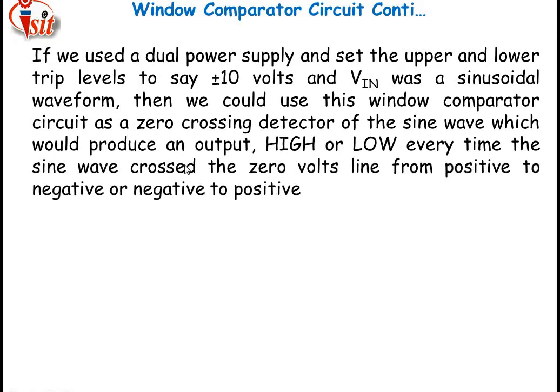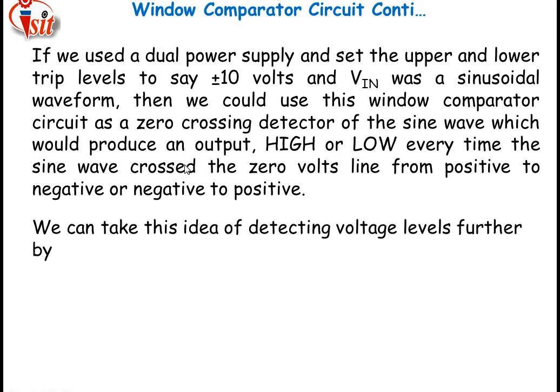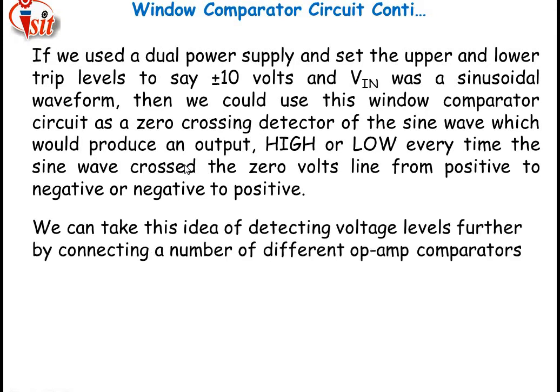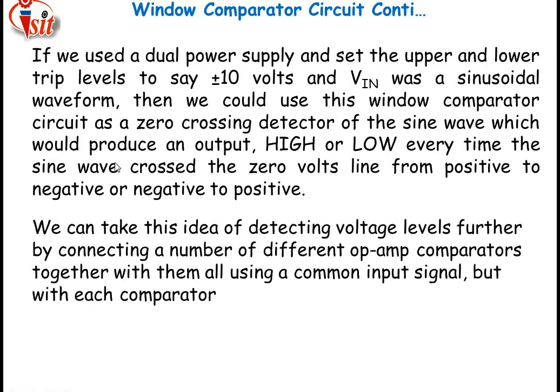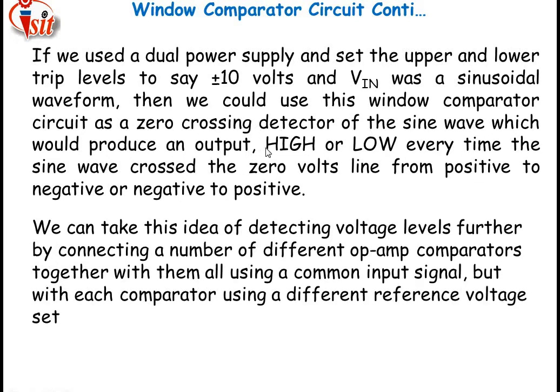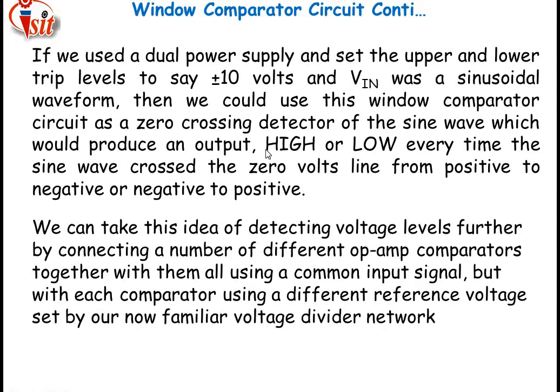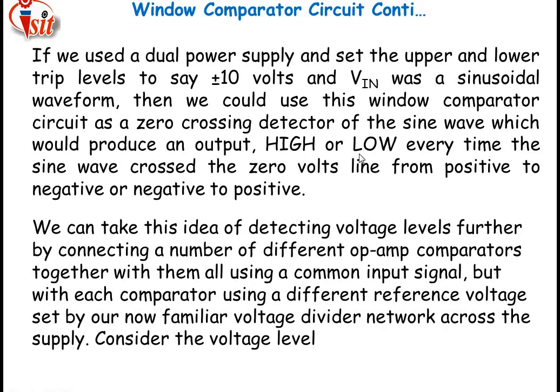For that purpose, it is called a zero crossing detector of the sine wave. The output produced by that zero crossing detector is either high or low every time the sine wave crosses the 0 volts line from positive to negative or negative to positive.